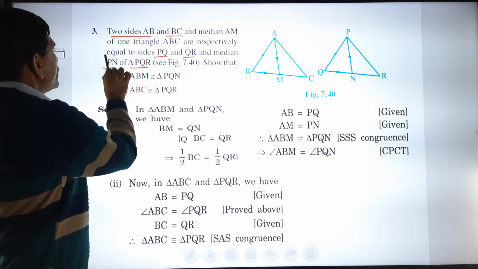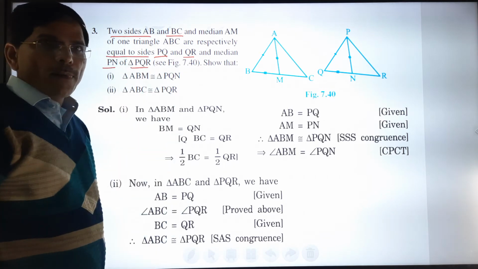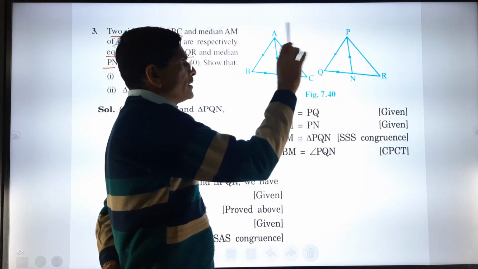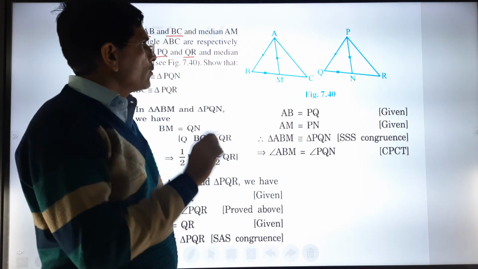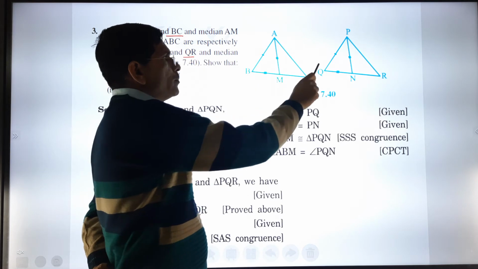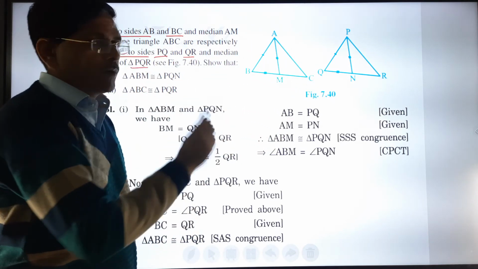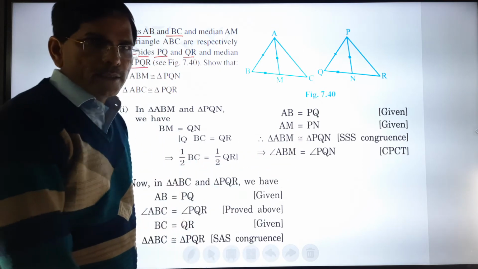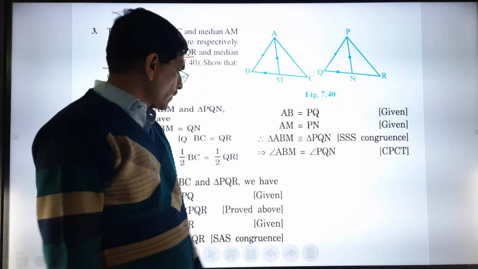What is the meaning of it? Two triangles are here, ABC and PQR. AB is equal to PQ, BC is equal to QR, and AM is equal to PN. That is given in the question.